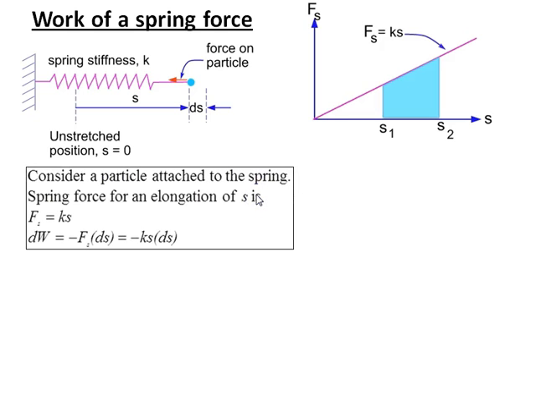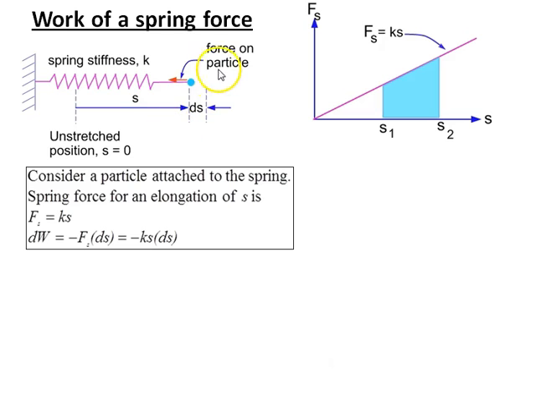Noting this, we will write an expression for the elemental work done in moving the particle attached to the spring from a distance of s to s plus ds. Note that s is going to the right, and the displacement is also going to the right.